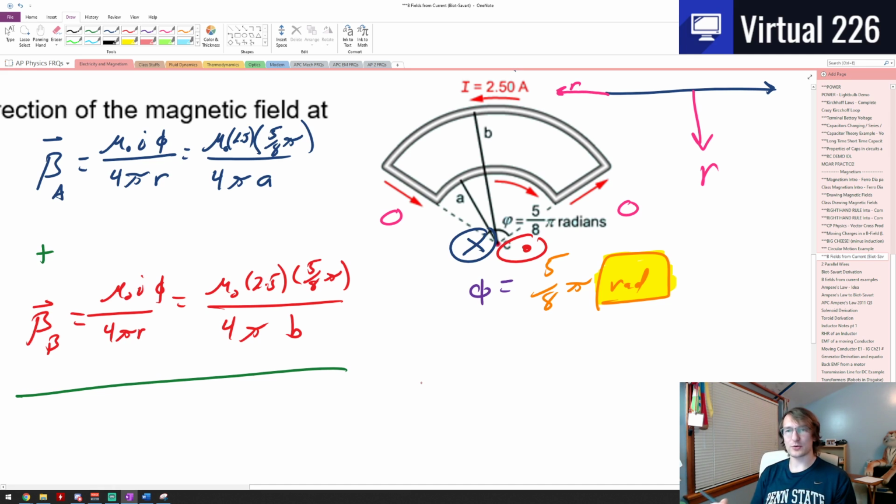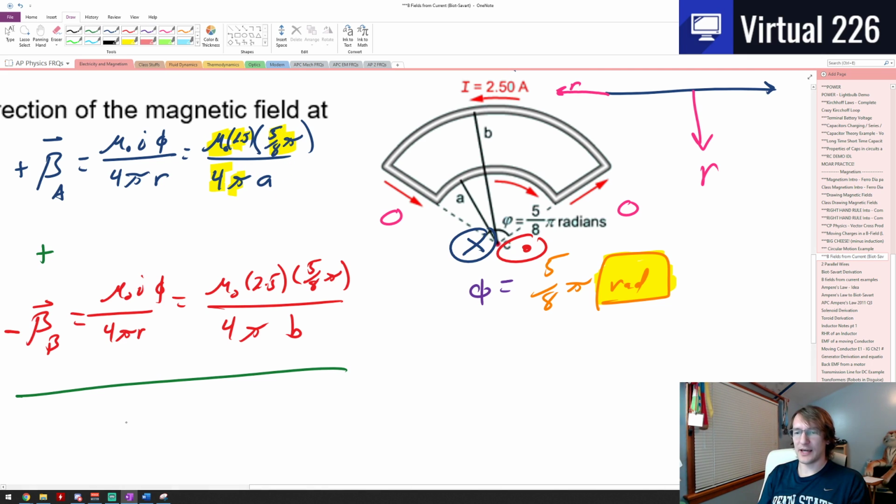These are in opposite directions, okay? So we need to pick one of them to be positive and one of them to be negative. I always like picking going into the board being positive, and that means coming out of the board is negative. But what this means is I don't have the B field of wire segment A plus the B field of B. Since I'm adding that negative quantity, it's really like a subtraction problem. So if we wanted to write this out, notice that I can factor out mu naught, the 2.5, the 4 pi, and then the 5/8 pi.